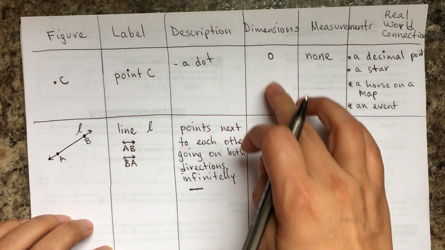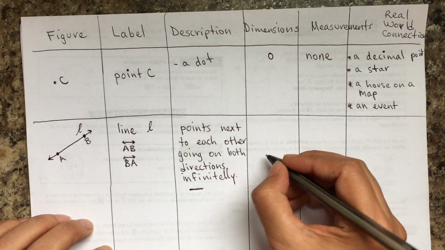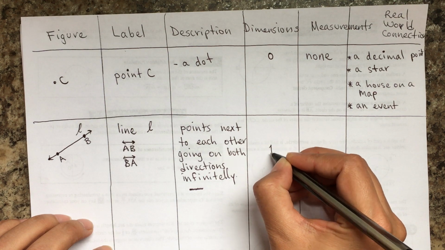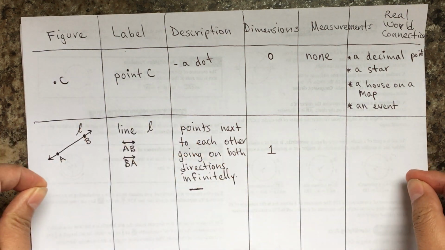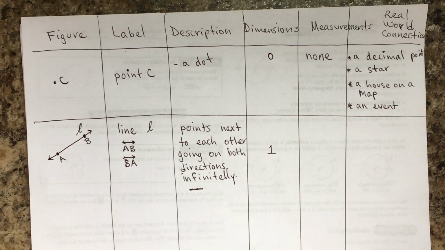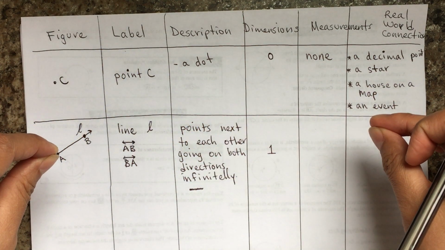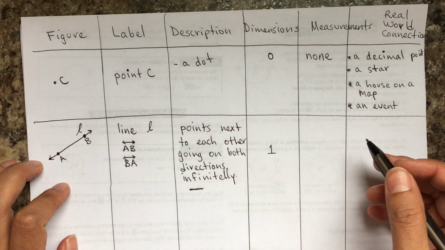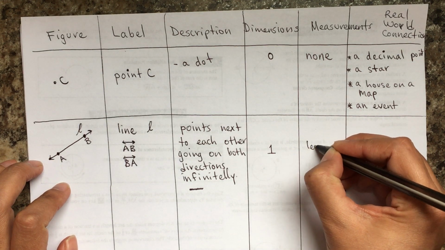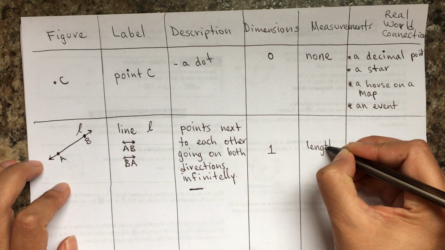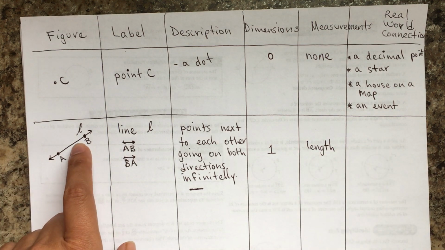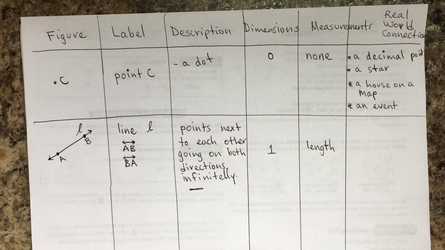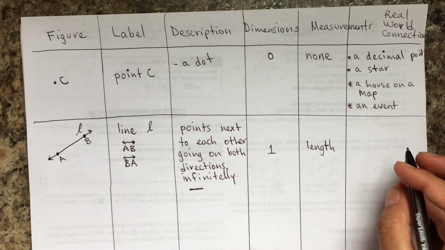Okay, the dimensions would be one dimension, because you only have one dimension like this, going in both directions. And then the measurement would be length. That means that you can measure the line in centimeters, in meters, feet. So that's the measurement that you would give it.